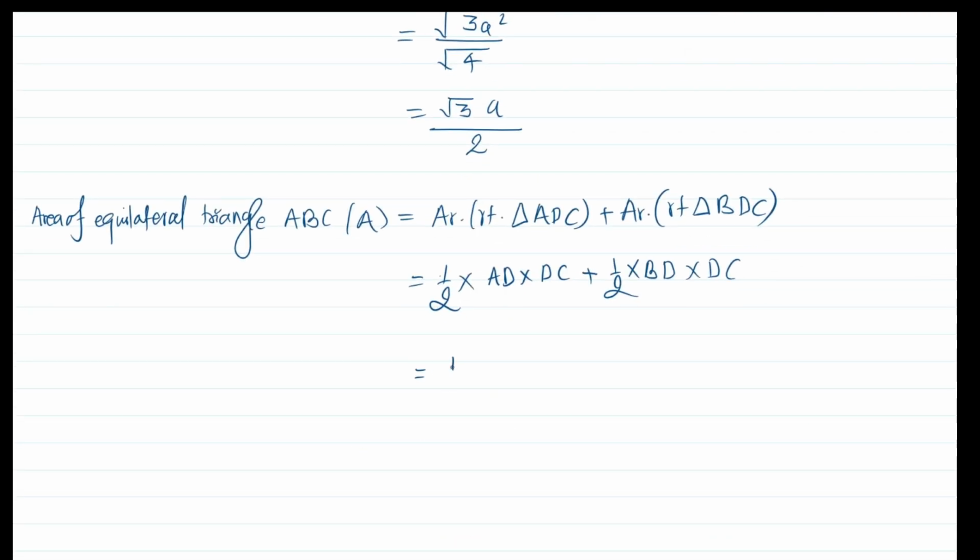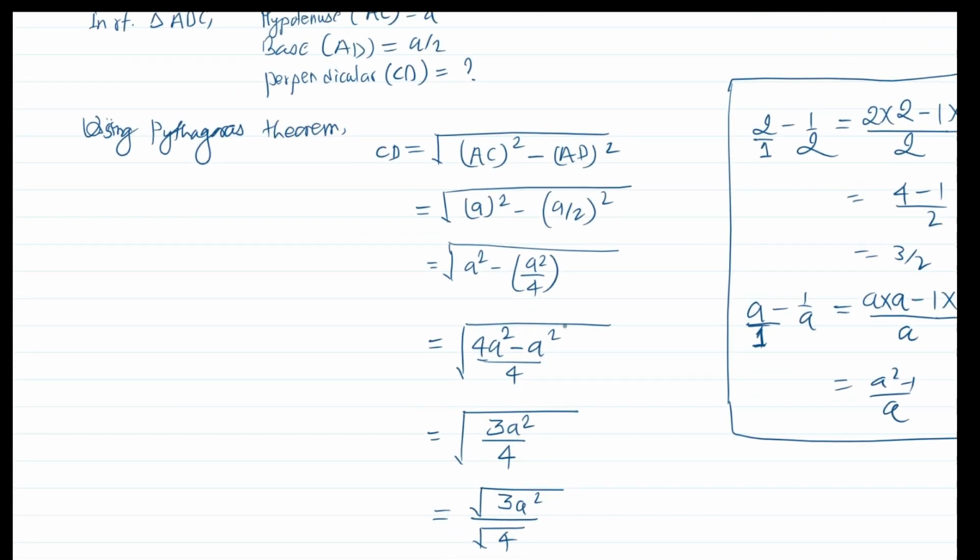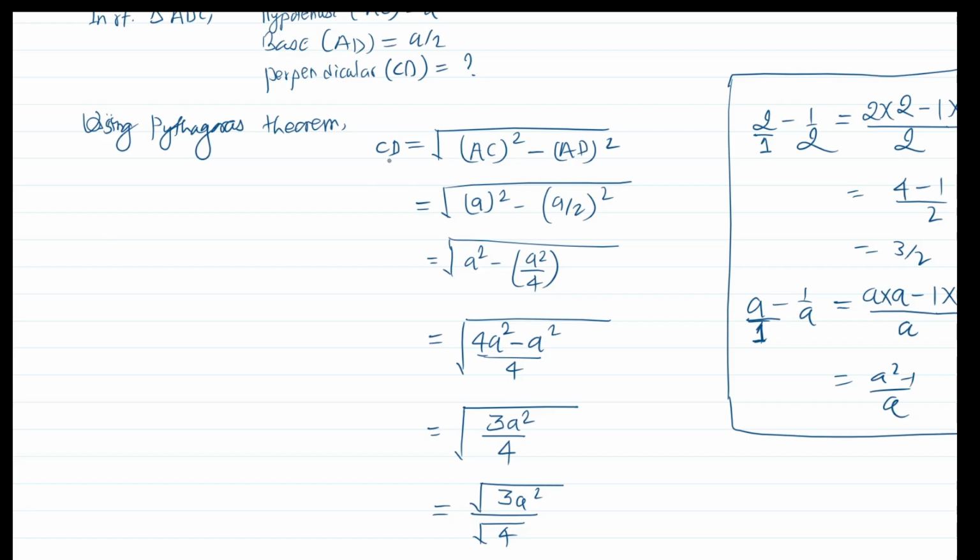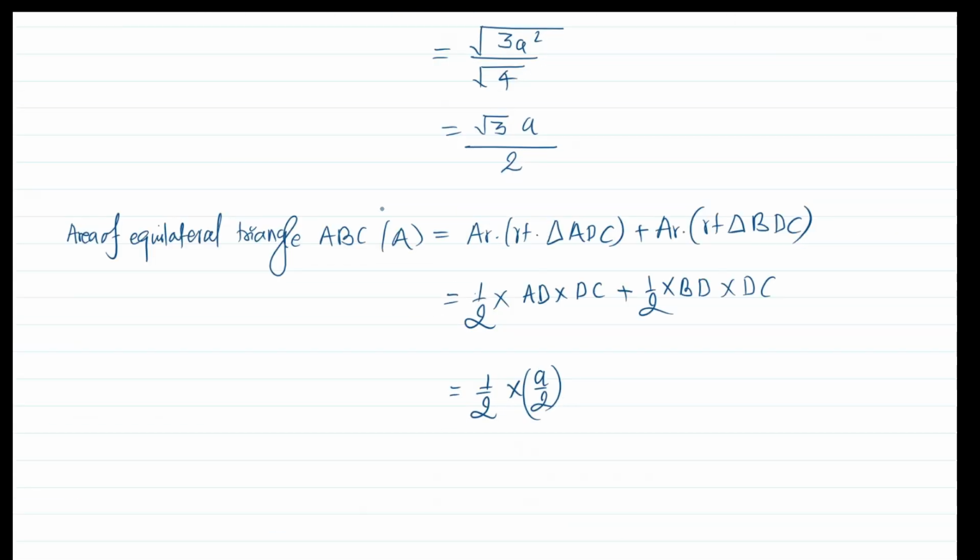We know the value of its base and height. AD is equal to half of A, and DC is height. DC is height or CD. Here I have written CD, which is same as DC. This is height, plus 1 by 2 times BD.